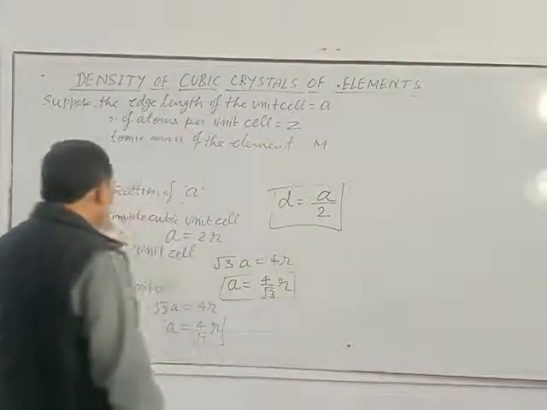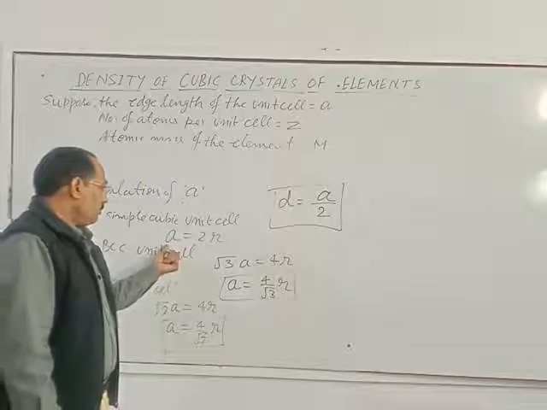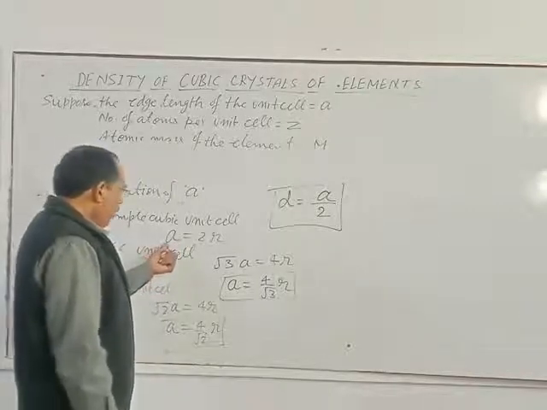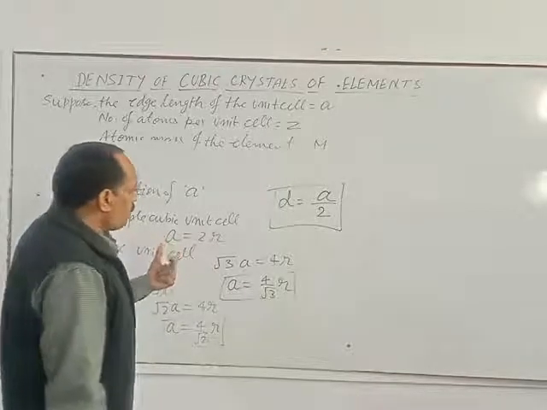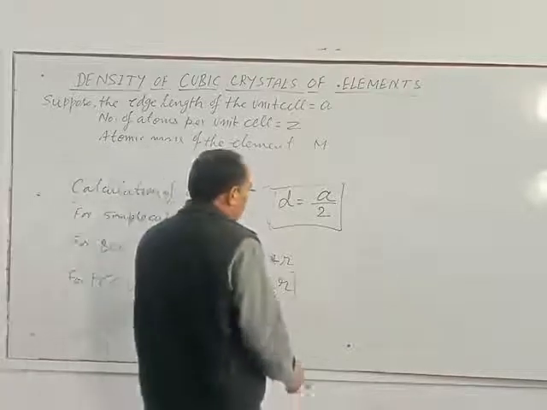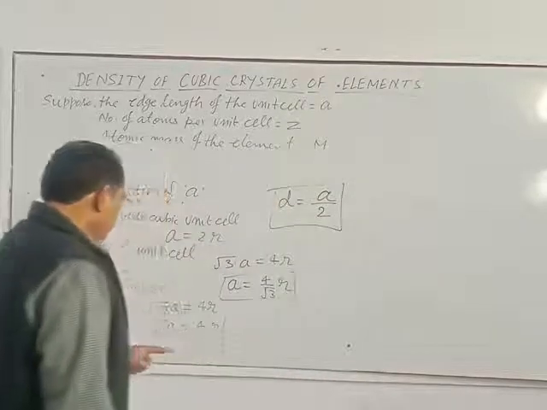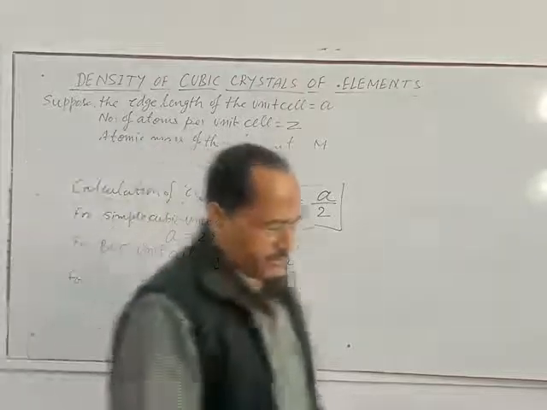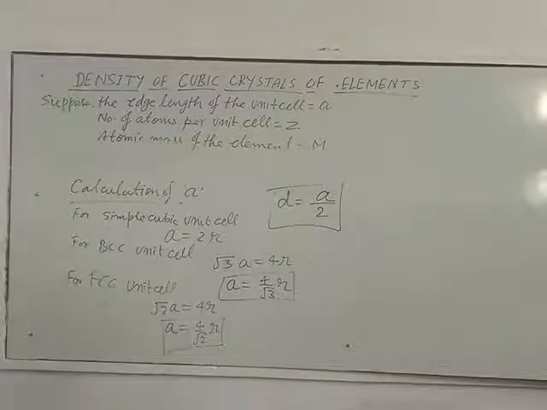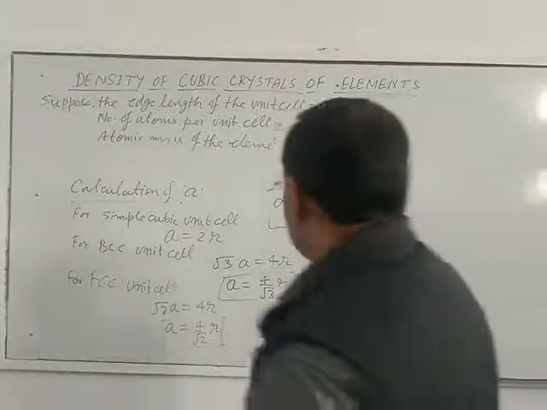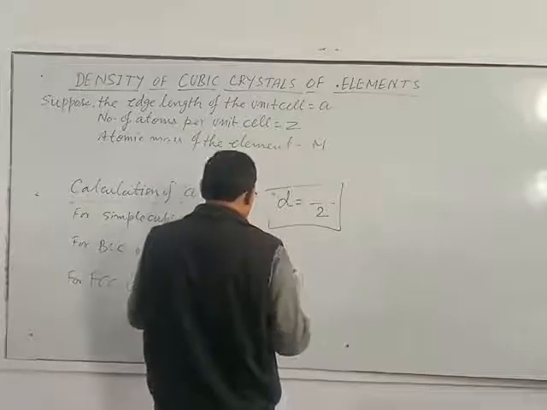That is why for simple cubic unit cell, distance between nearest neighbor equal to a, because in this case distance between nearest neighbor is equal to r plus r, means 2r.